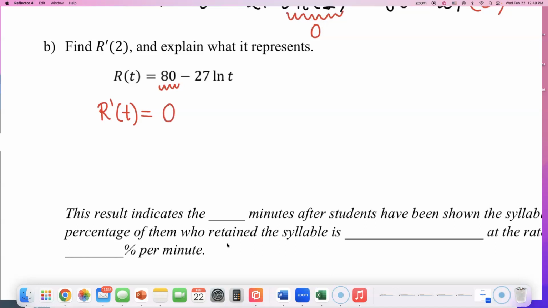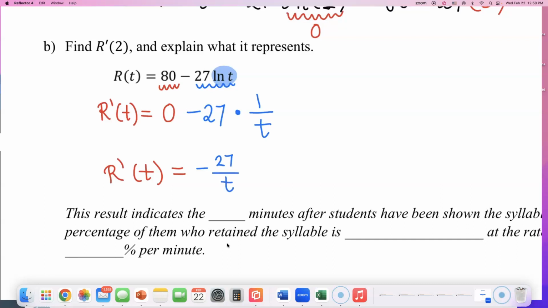Now let's find the derivative of the second term. You write down minus 27, but what is the derivative of natural log of t? That is 1 over t. So if I simplify this messy looking expression, R prime of t is just negative 27 over t.